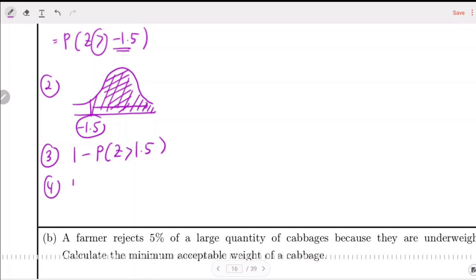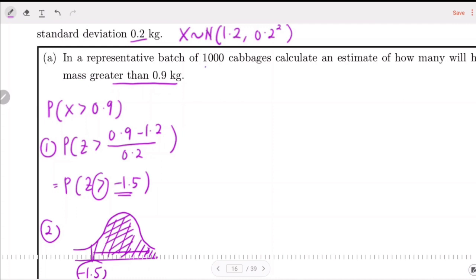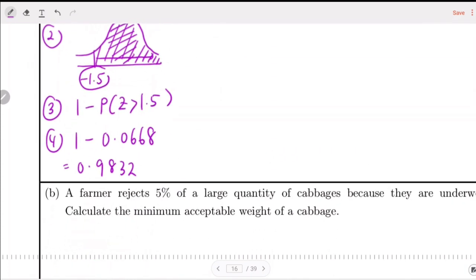And then the last step, take a look at the standard normal table, and we're going to get 0.0668, which will give us 0.9332. And the last one, since we need to find the number of cabbage out of 1000, we just calculate the probability here and multiply by 1000.